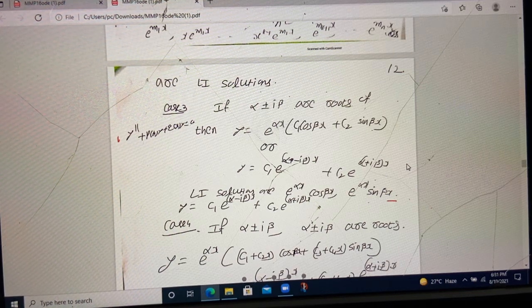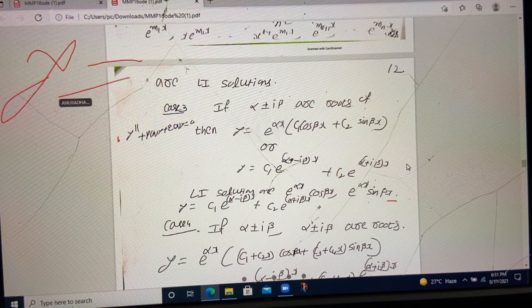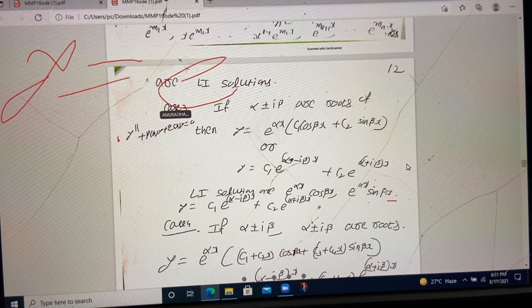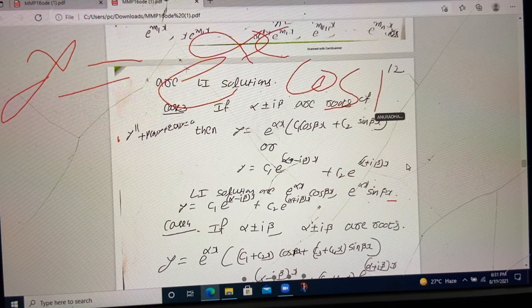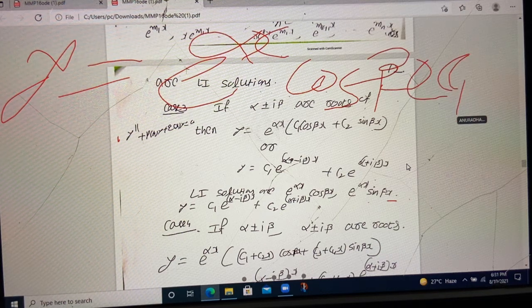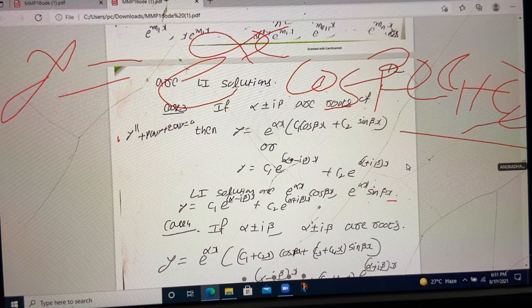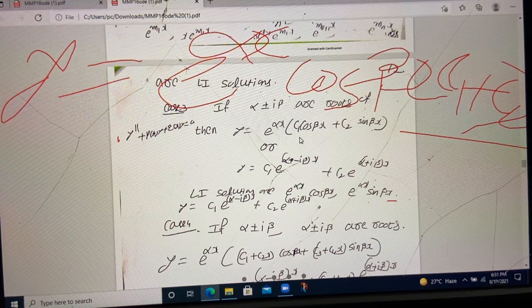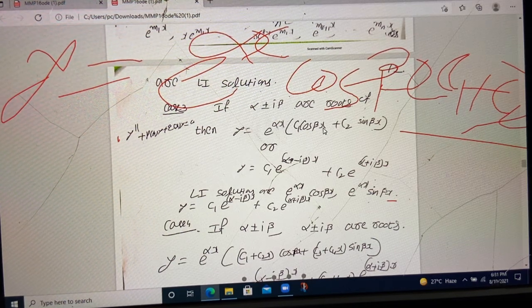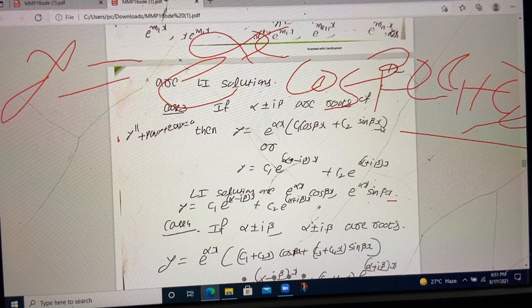So you will get the solution as e power alpha x cos beta x common, C1 plus C2. C1 is constant, C2 is constant. Sum of two constants is again a constant. So you can call that constant as C1 or as capital A, and in some textbooks they use B. So e power alpha x, A cos beta x plus B sin beta x.